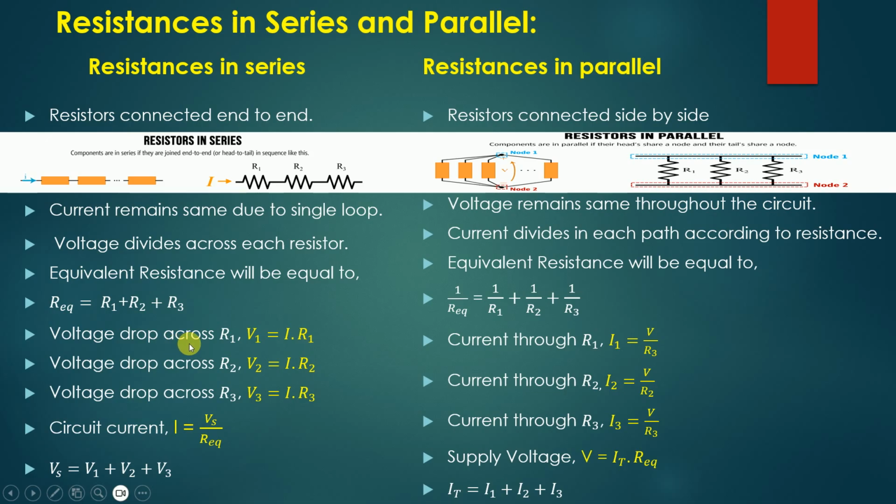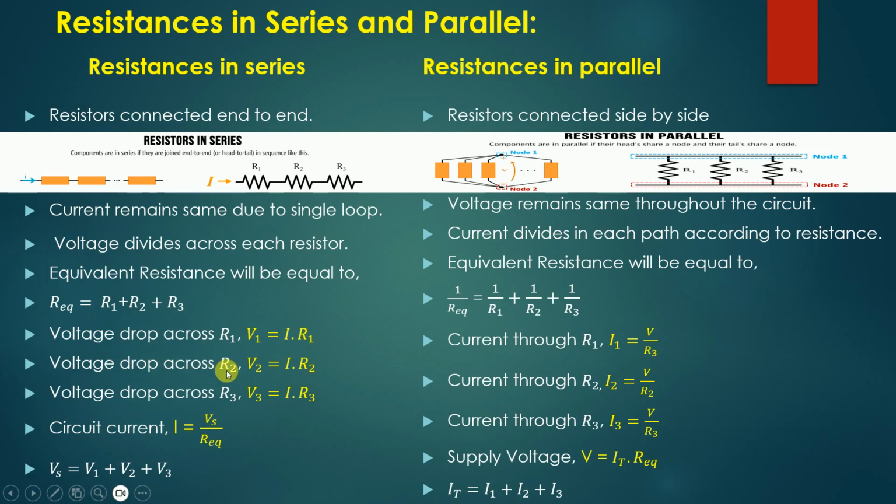Next point is voltage drop across each resistor. If we want to find the voltage drop across each resistor in a series circuit, then we have to use these formulas, which are derived from Ohm's law. The voltage drop across R1 is V1 equals I times R1.